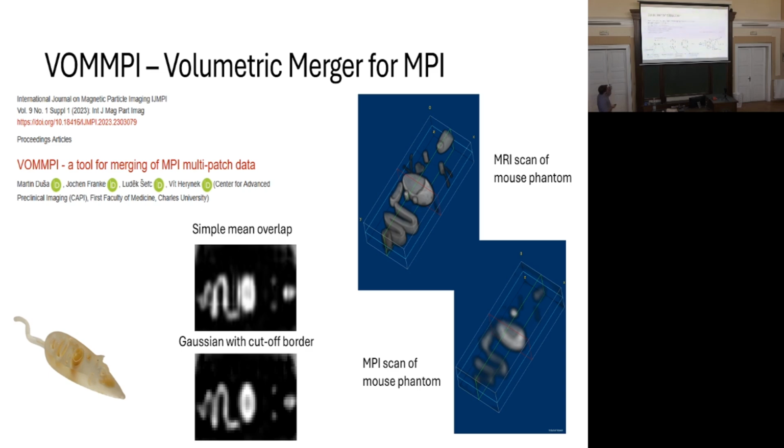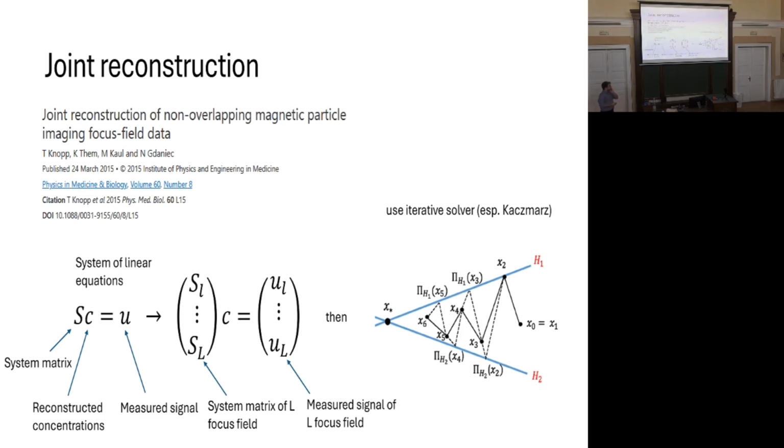The second approach, as I said, is joint reconstruction. It's really the same as the normal reconstruction in MPI that we already spoke about here, but we just take the system matrices in one system matrix, like we want to reconstruct, and then also the measured signal, and then use some iterative solver to solve this system of linear equations.